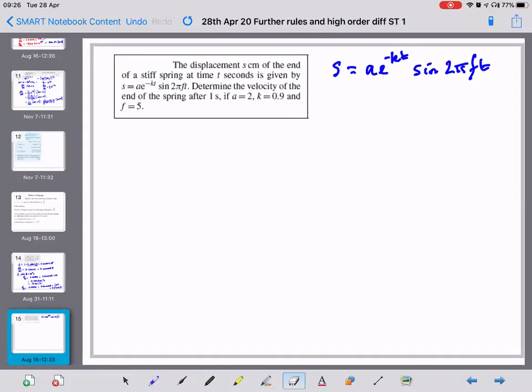Because the velocity is ds by dt, so we need to differentiate that.